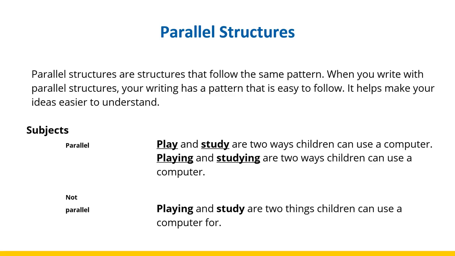When you're writing sentences using parallel structure, they have to be consistent. For example, playing, studying, or dancing and playing. You have to make sure you are consistent and adding the ing ending in both cases. That's what we call parallel structure.